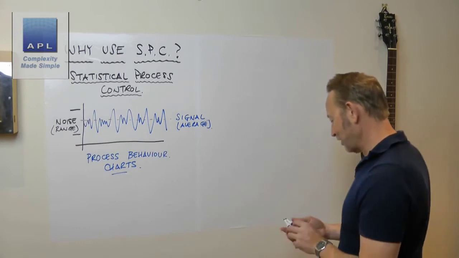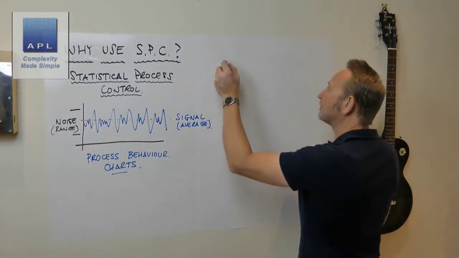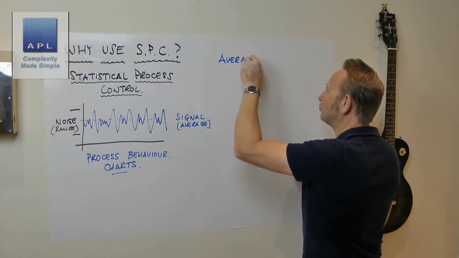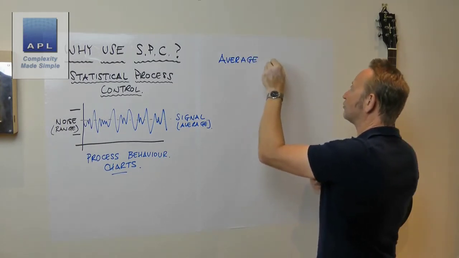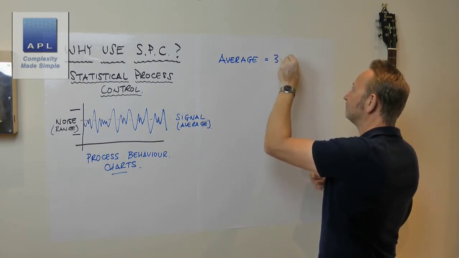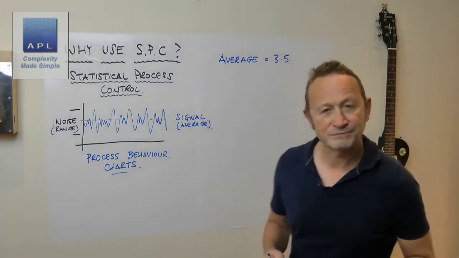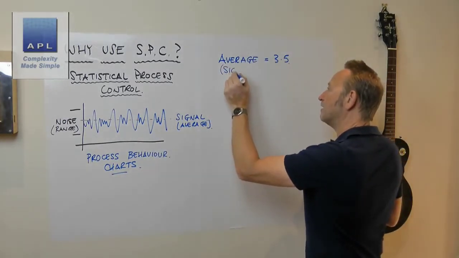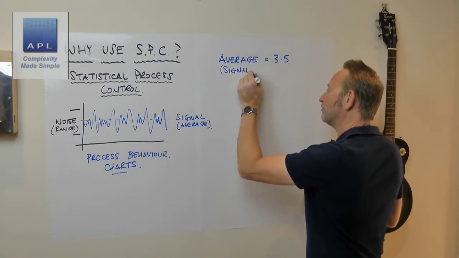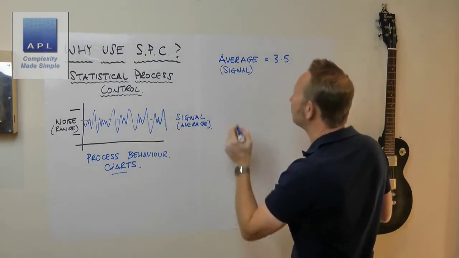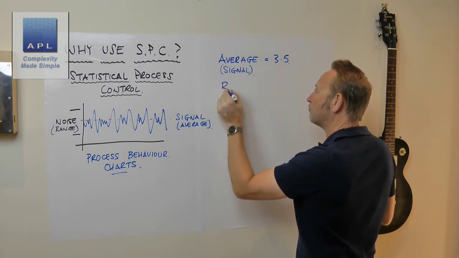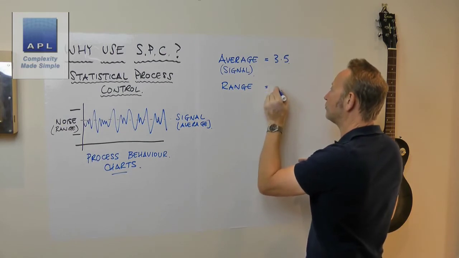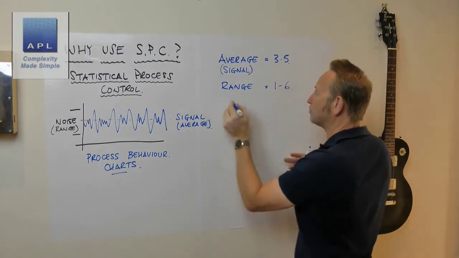I know the average, which on a 6-sided dice is 3.5. So I know the signal. I also know the noise, the range, which in this case is 1 to 6.